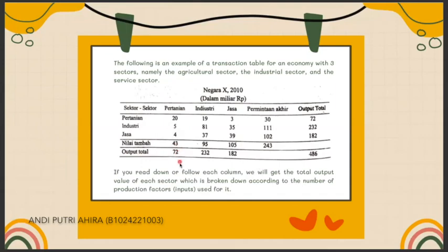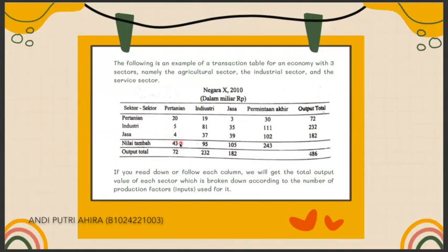That much value is produced using production factors or inputs, as many as 20 from the agricultural sector, as many as 5 come from the industrial sector, and as many as 4 are from the services sector. And the remaining 43 are the added value generated by the sector.